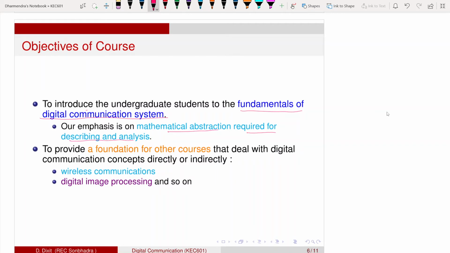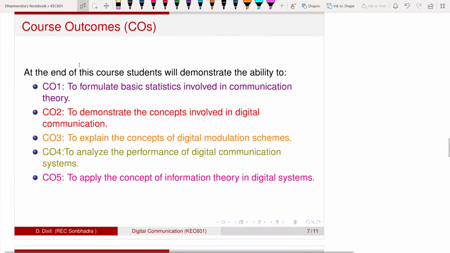Another objective of this course is to provide a foundation for other courses that deal with digital communication concepts directly and indirectly, like wireless communication, digital image processing, and so on. So this is about the objectives of the course.